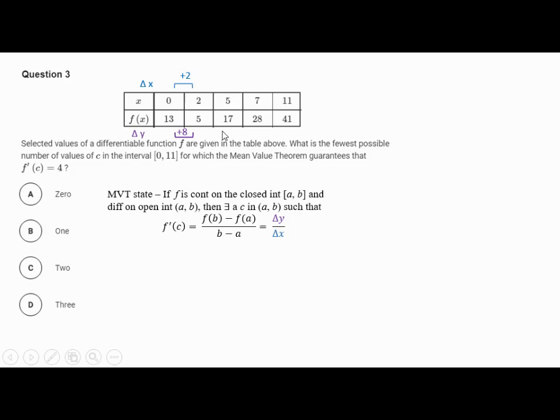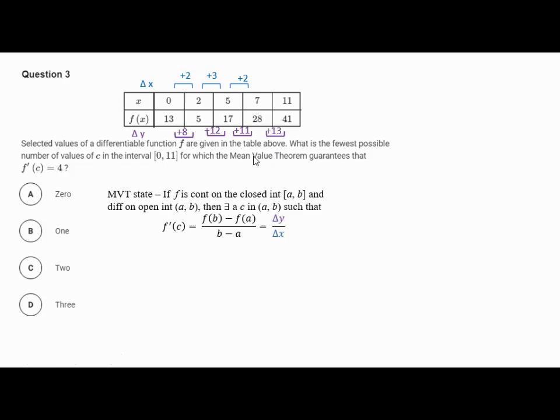Now let's proceed through the rest of this table. Here's the next change in y is plus 12, and the change in x is plus 3. So if you do your change in y over your change in x, you're going to get 4. And for the next one, it's going to be 11 over 2, which is not 4.